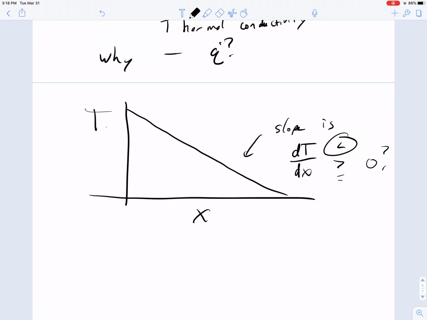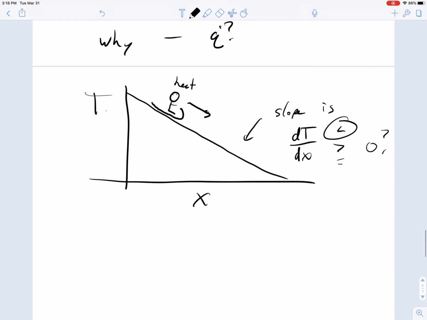It's less than 0. So imagine yourself being on a sled or toboggan, and you're heat. You're going downhill. So dT/dx, the slope, is less than 0.